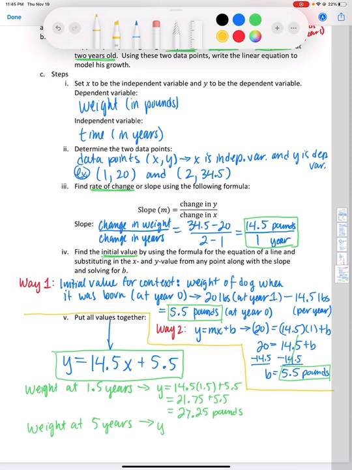So the weight at 5 years is equal to y equals 14.5 times 5 plus 5.5. Now 14.5 times 5 is equal to 72.5.